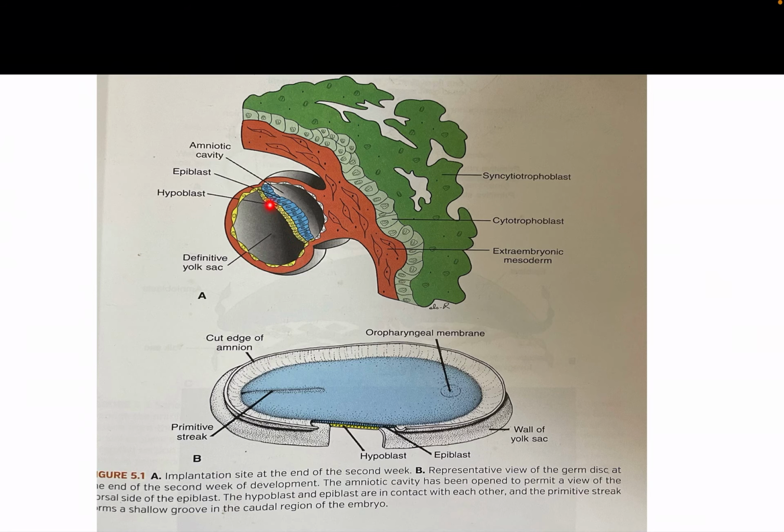These yellow cuboidal cells are the hypoblast, and these long columnar cells are the epiblast. In the first week it is a single layer, the epiblast only. Then it divides and gives a second layer below it, which is the hypoblast.